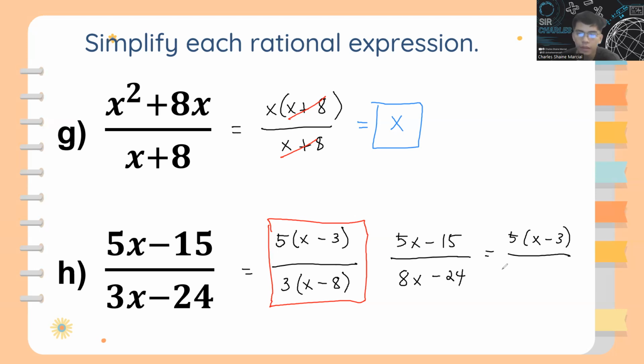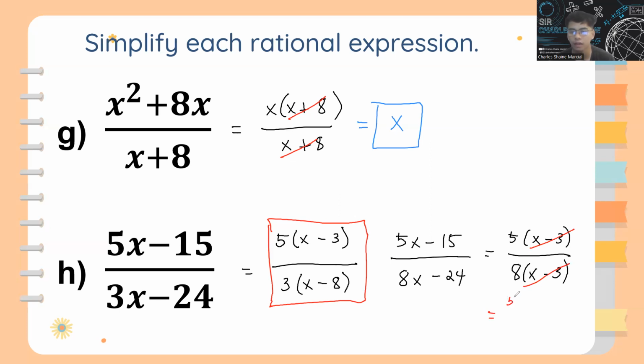And for the value of the denominator, i-factor out natin yung 8, then i-multiply natin kay x. And what is the number that can be multiplied to 8 to get negative 24? That is negative 3. Okay, so since meron na tayong nakikitang common factors, which is x minus 3, pwede na natin siyang i-cancel out.